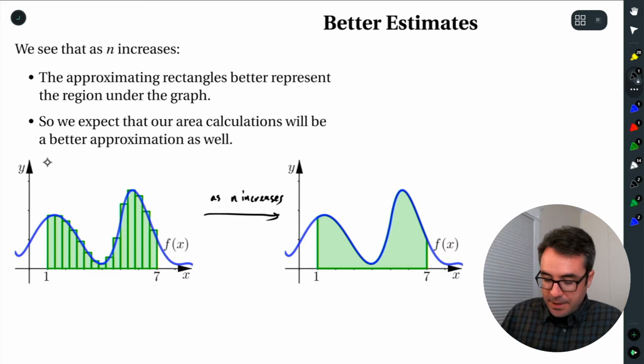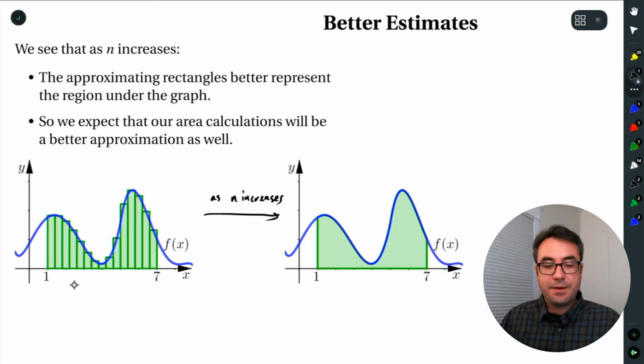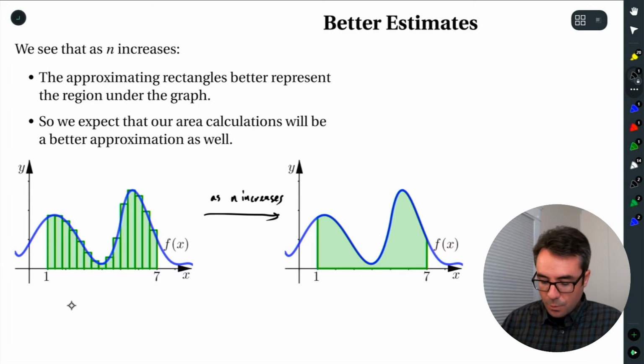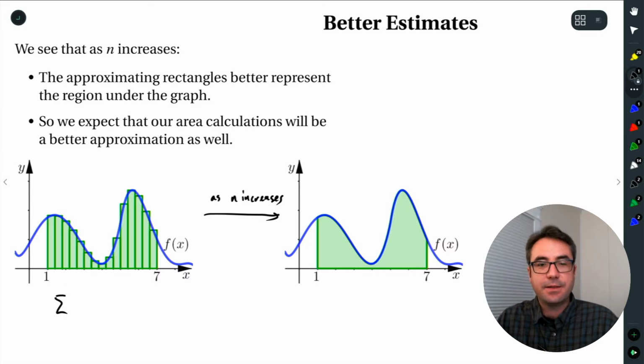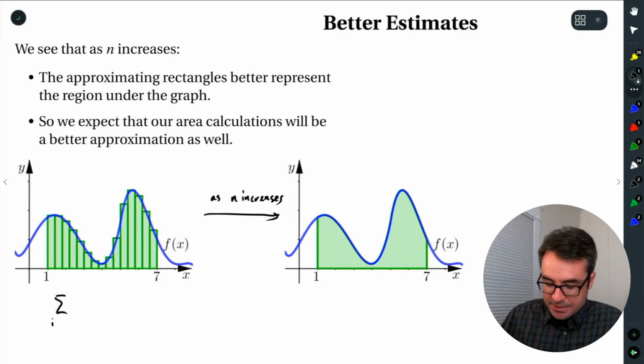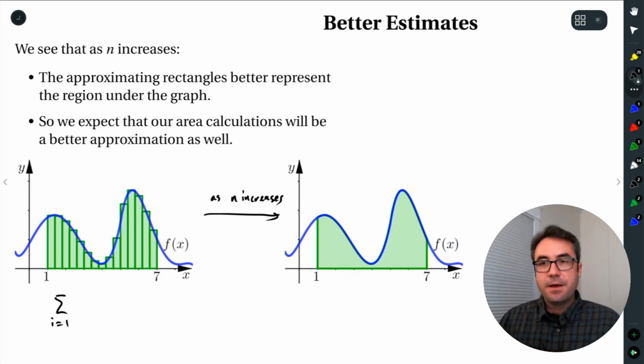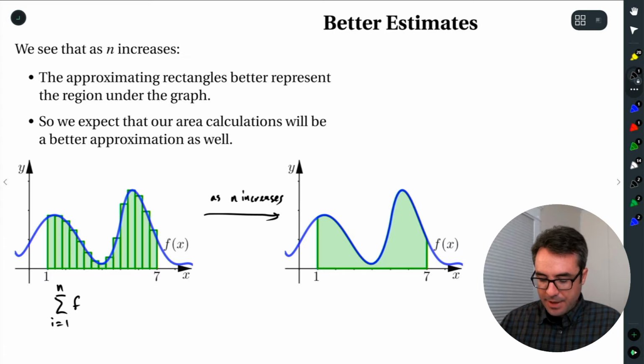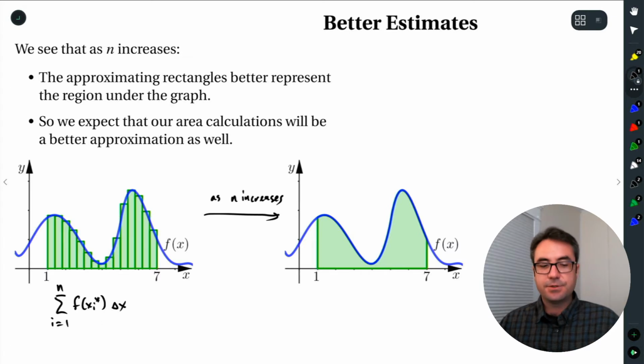In this first graph, these approximating rectangles give us a Riemann sum from i equals 1 to n, for some arbitrary number of rectangles, of f of xi star times delta x. So that's our Riemann sum. It's really the sum of all these areas here.